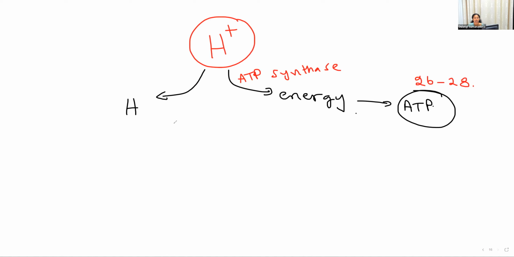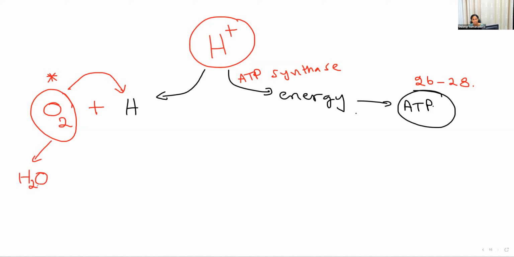So now I'm left with the hydrogen. The hydrogen that's going to leave the ATP synthase needs to be accepted by the oxygen that we breathe in. Can you remember oxygen is an input of cellular respiration, right? So this is the place we are using the oxygen. Oxygen is going to go and grab this hydrogen. Hydrogen combined with oxygen produces water.